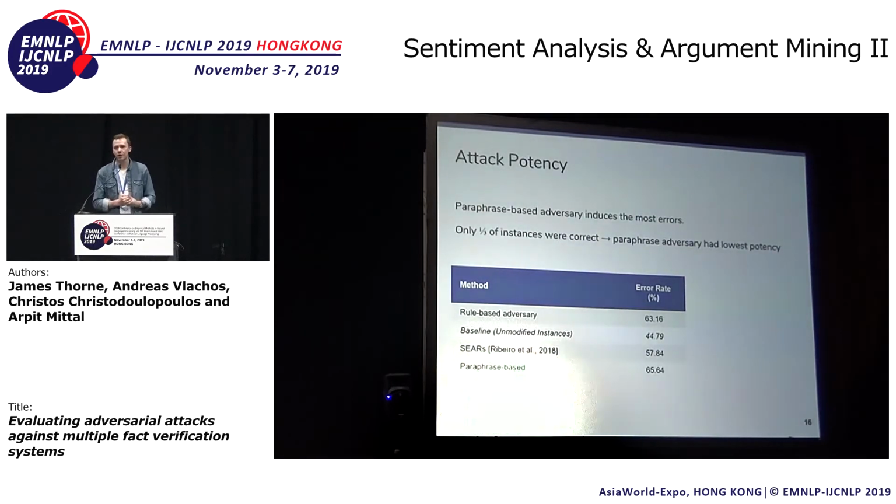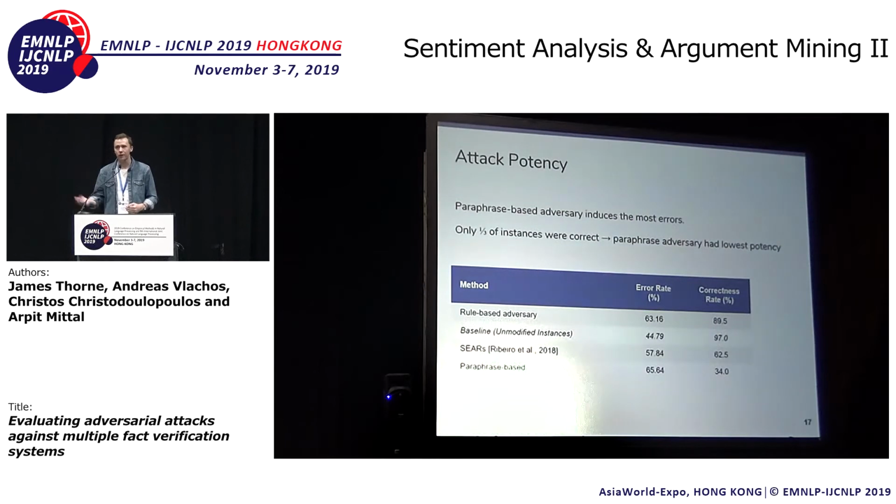So firstly, let's look at attack potency and what we understand from this. The attack which induced the most errors was the paraphrase-based attack. However, once we consider how correct the instances generated from this method are, it ranks last in our approach.